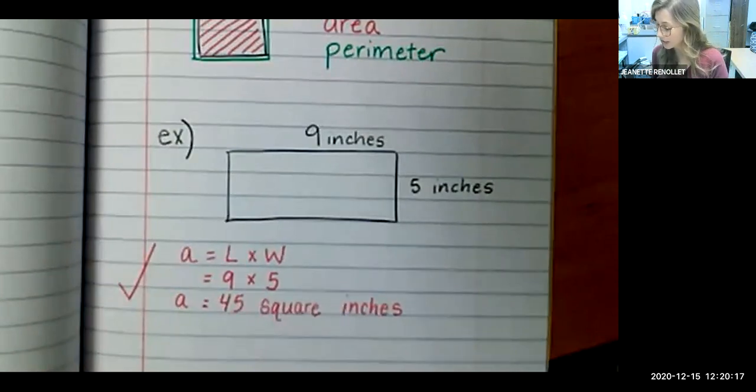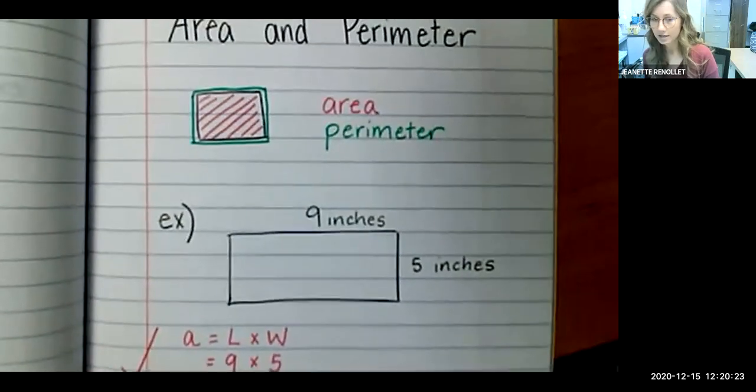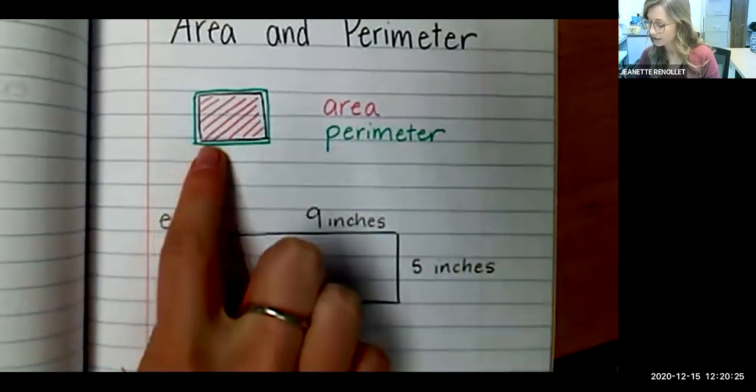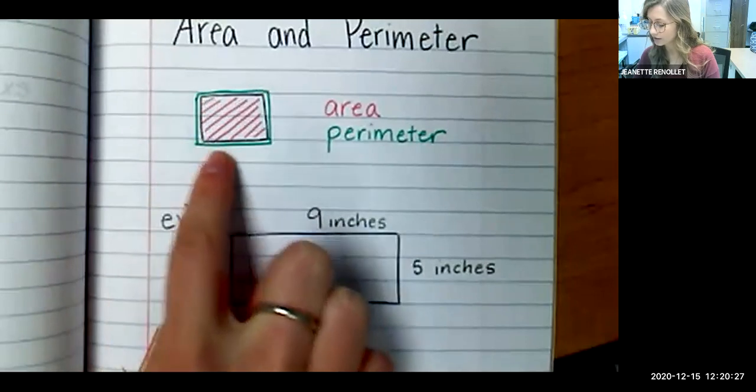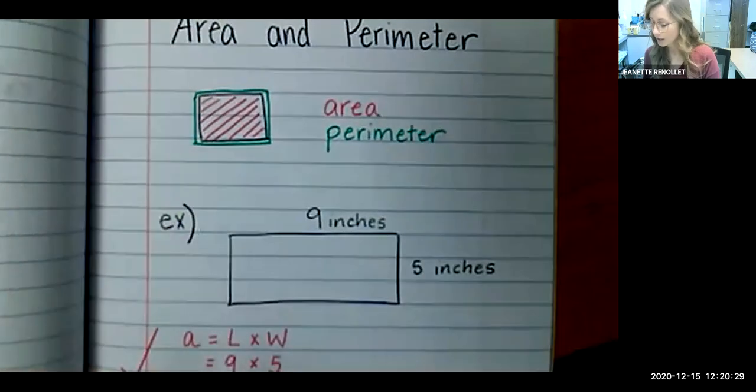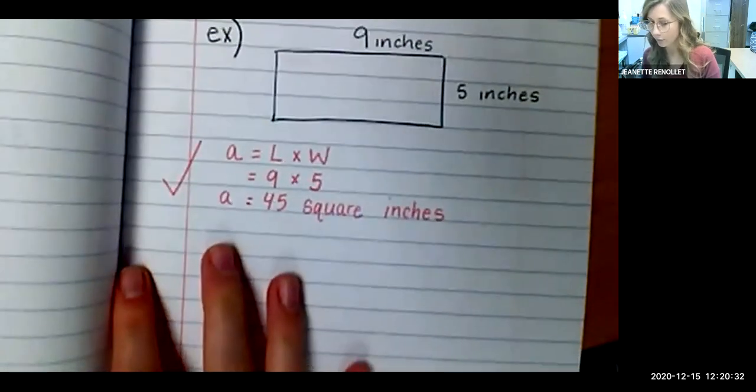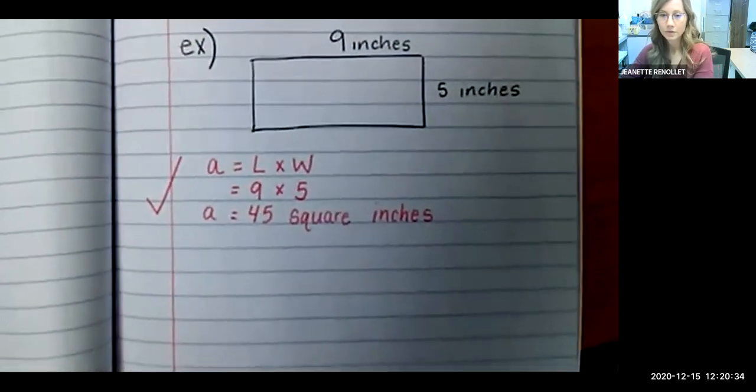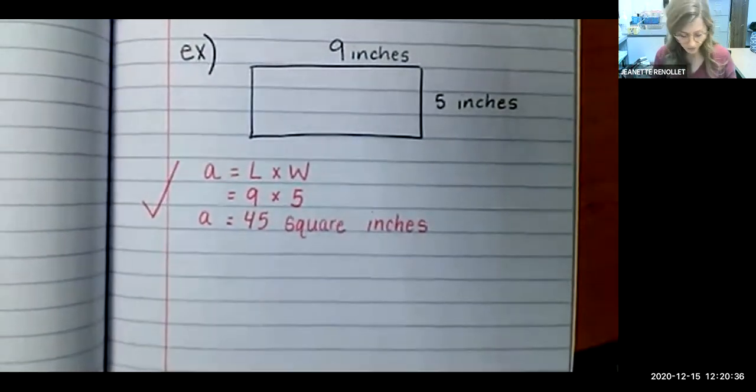Now that we have found the area, it's time to talk about perimeter. Perimeter is the distance around the shape. Let's look at our example of my picture frame and let's find the perimeter of this shape.